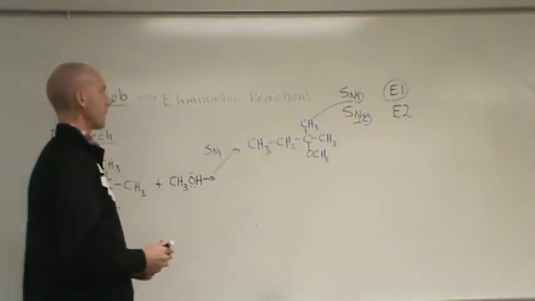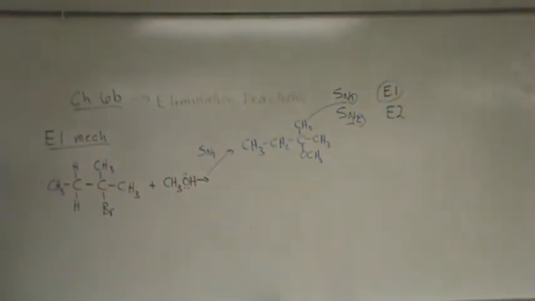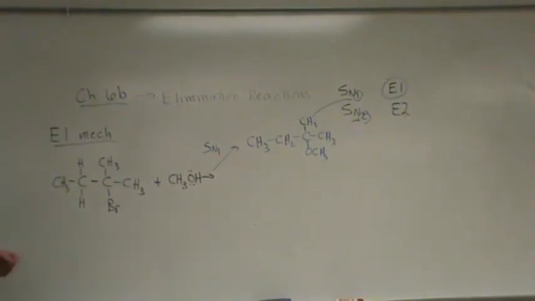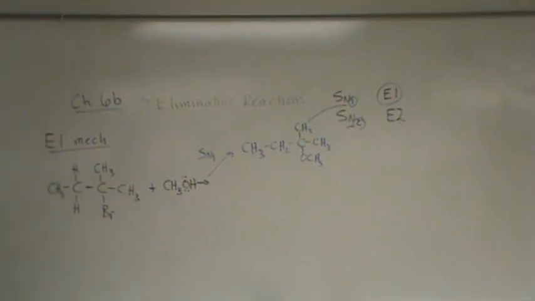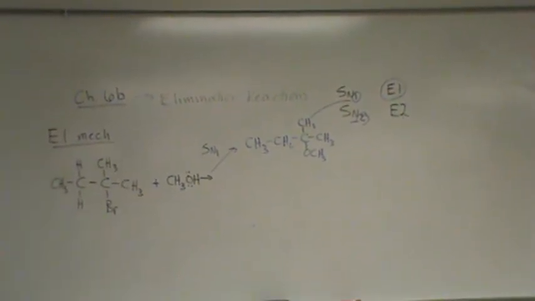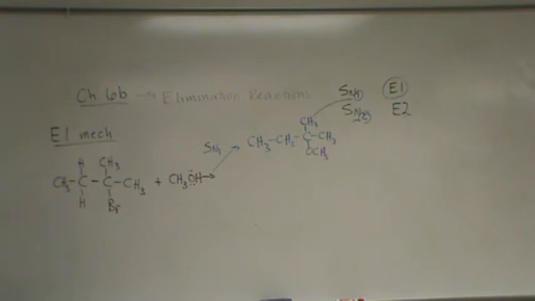We won't look at its mechanism, but there's your SN1 product where this alcohol substitutes for the bromine. That product can form, and it does form, but we don't care about that product for right now. We want to get into that elimination product.